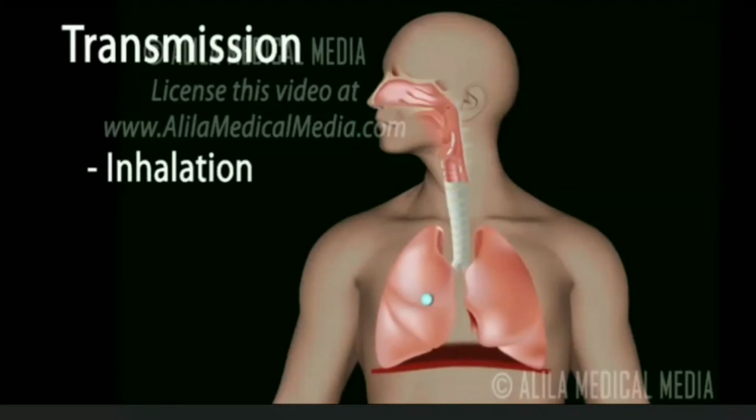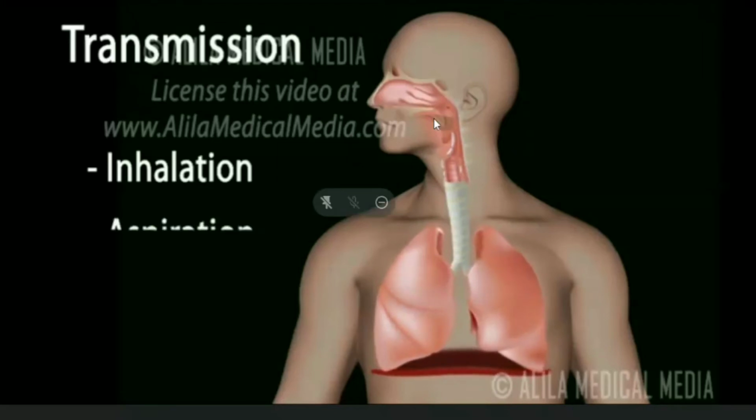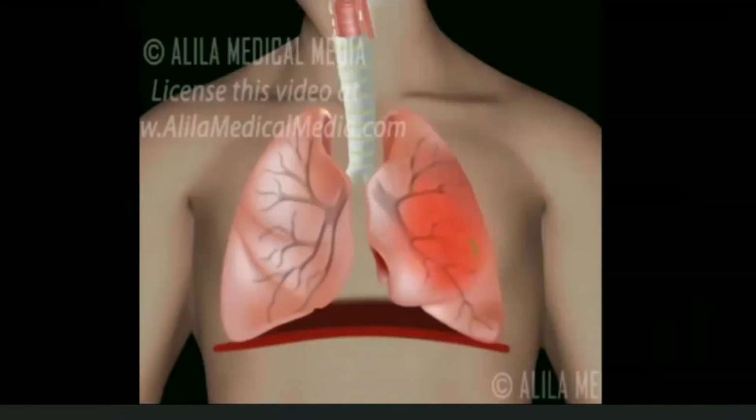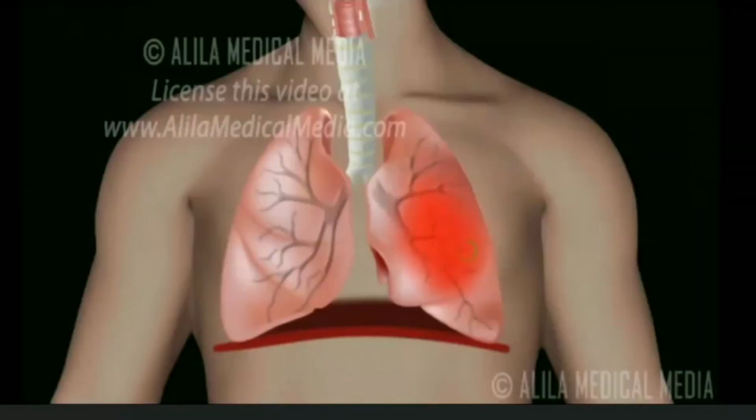And then, we have the other transmission, which is the aspiration. Ayun naman yung tinitake ng ating bibig, then imbis na dumaan sa stomach, dumadaan siya papunta sa lungs natin. And kapag hindi healthy lungs natin, hindi siya nalilinis.